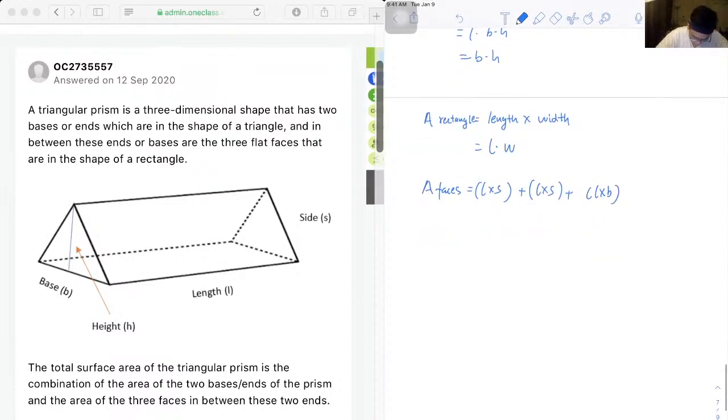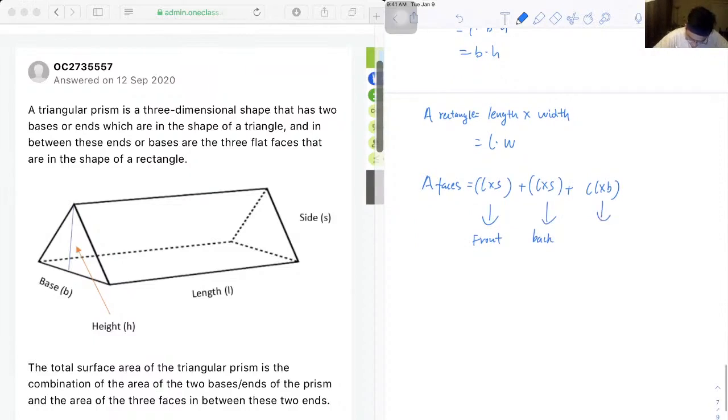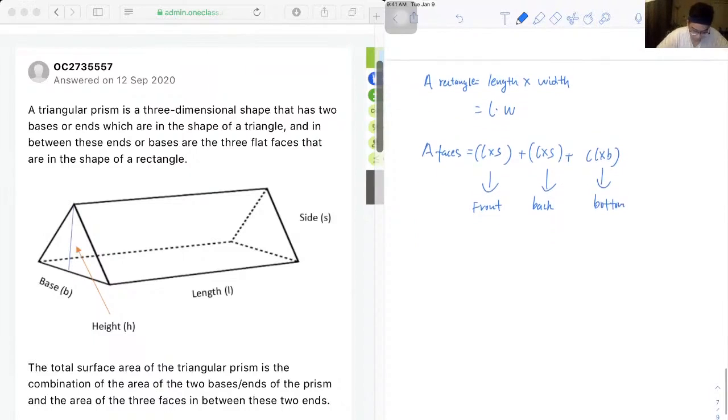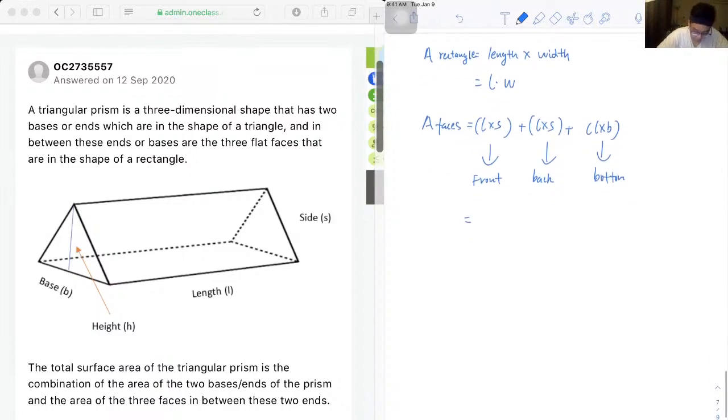So that is the front face, that is the back face, and that is the bottom face. By simplifying this, we will get 2LS plus LB.